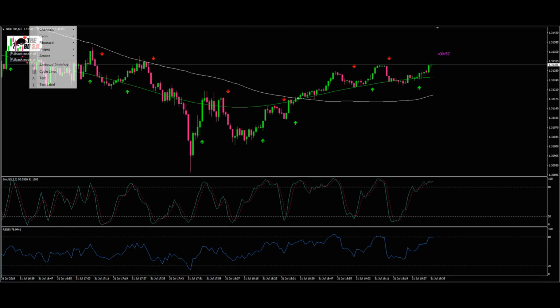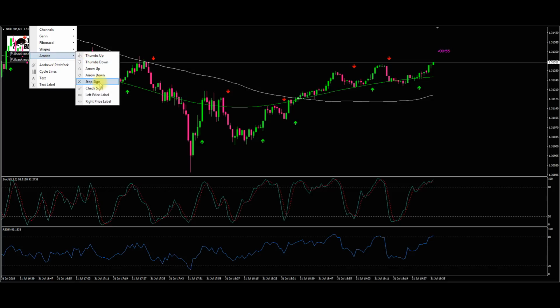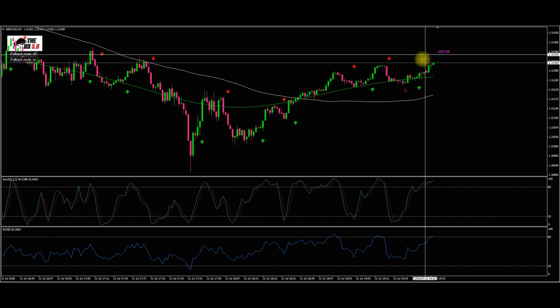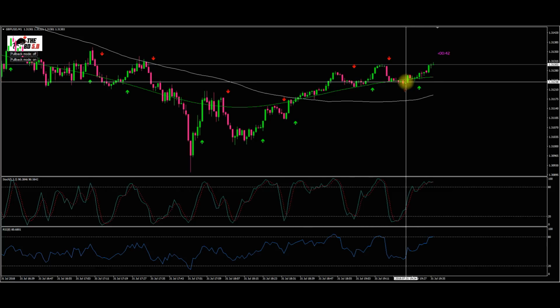So I will draw a little arrow just here where we got into a trade, and we'll leave this trade running and see how many pips we would have made. So I closed at 4 pips, but we're already at, well, that's 5 pips there.